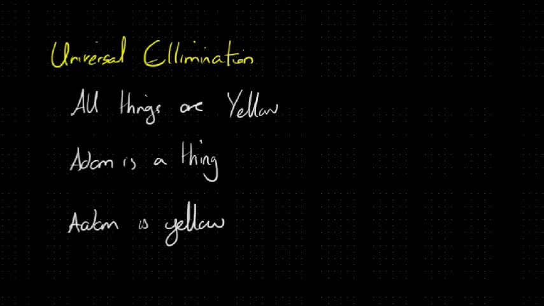If we were to translate that into QL, all things are yellow, we could have that as every x is such that yellow x. So y is the property of being yellow, and whenever we see all things, it's going to be a universal quantifier, so ax, yx.